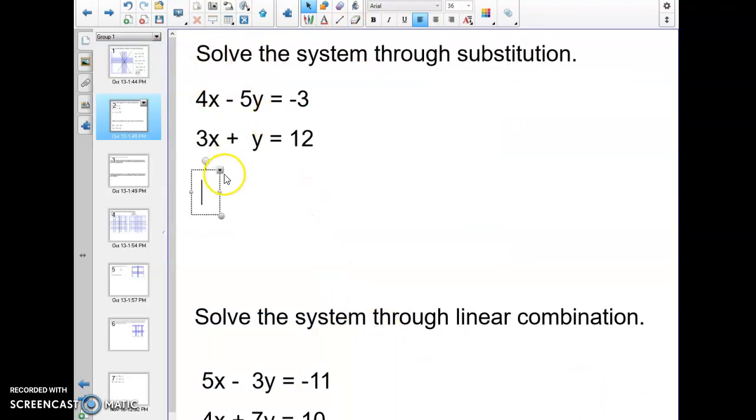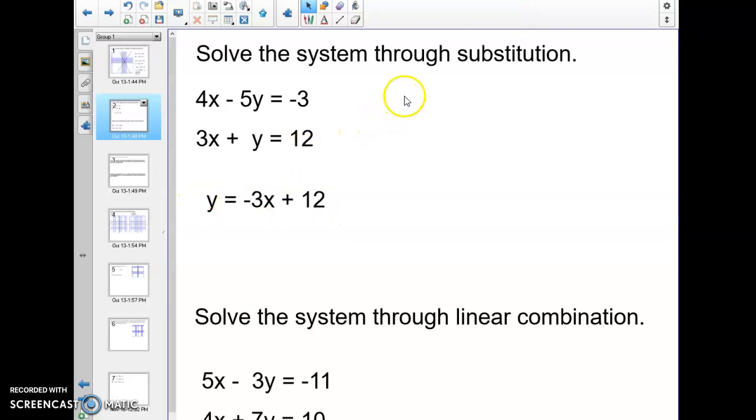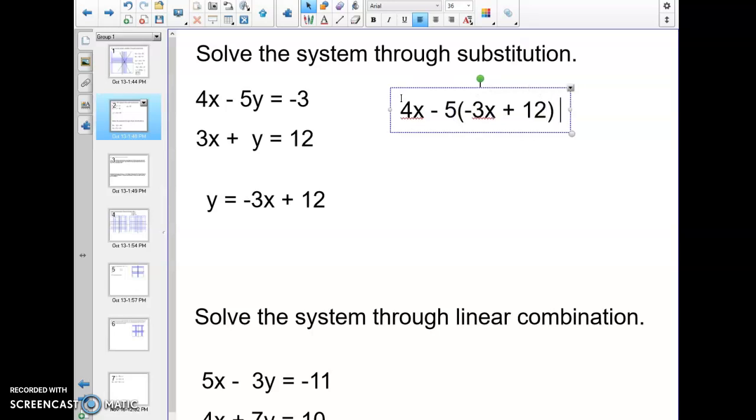In terms of using substitution to solve a system, we're going to solve for whichever variable has a coefficient of 1. So in this case, I'm going to go y equals negative 3x plus 12. And now I'm going to take that y and plug it into my other equation. So 4x minus 5, always in parentheses when we plug it in, negative 3x plus 12 equals negative 3.